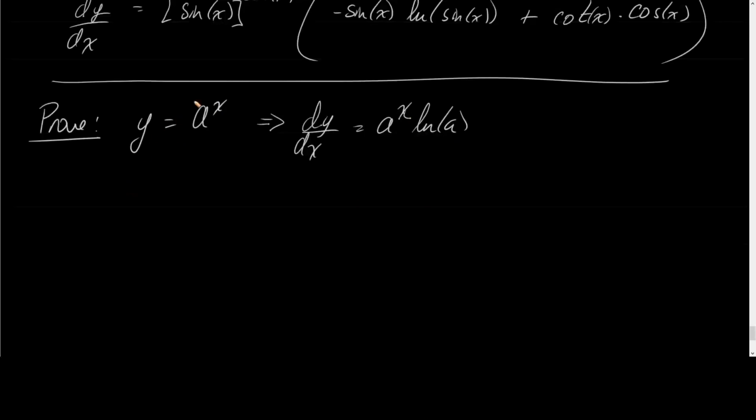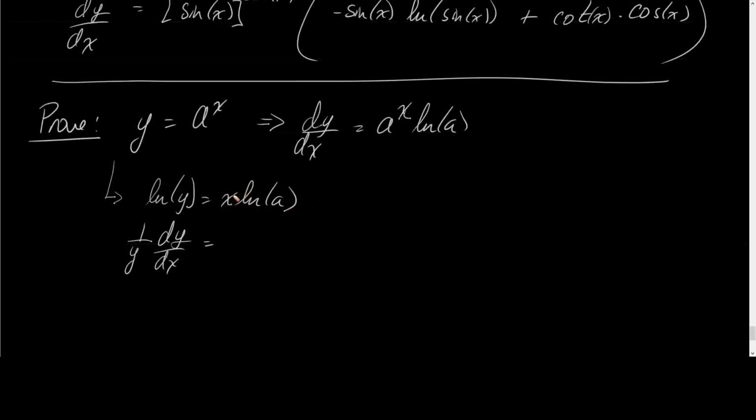Well, the very first thing I'm going to do here is take the natural log of both sides. So ln of y is equal to x ln of a. Then take the derivative of both sides, applying implicit differentiation when needed. So in here, I end up with 1 over y dy dx is equal, on this side, ln of a is just some number.